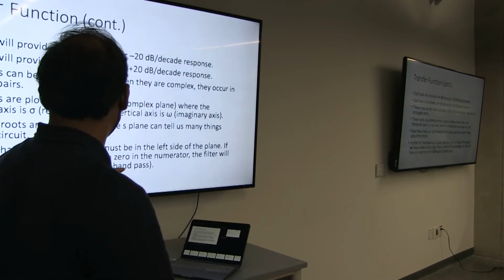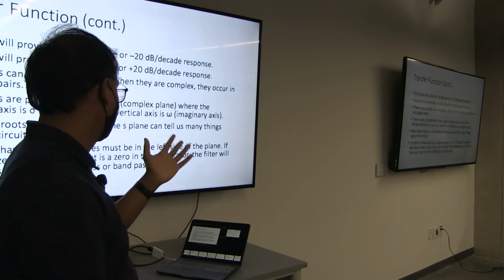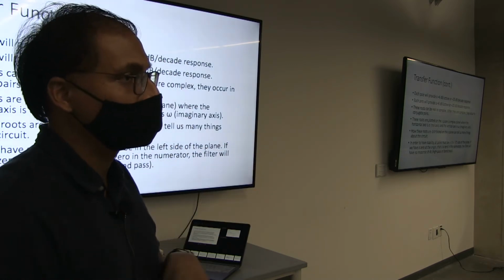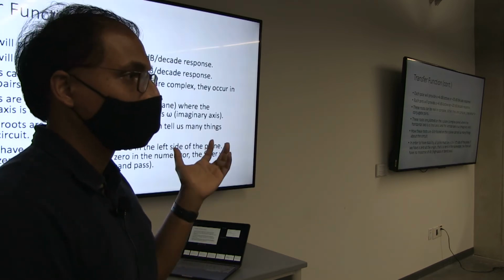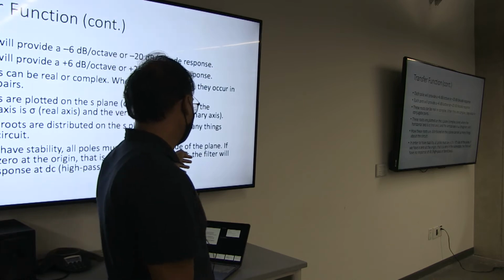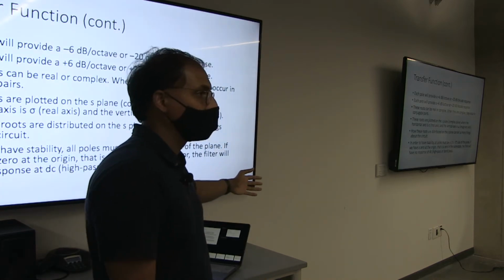And we always want the roots to be on the left side of the plane, because that means the circuit is always stable. So what does this mean? Why does the left side of the plane mean it is stable?